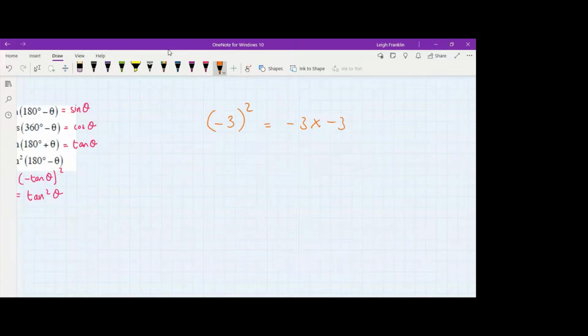I'm taking whatever's inside the bracket, the base, and I'm multiplying it by itself. And that's why I end up with a positive answer, in this case, positive 9. And it means exactly the same thing. So when you've got negative sine theta squared, you are saying negative sine theta times negative sine theta. That's why you end up with a positive. Okay, so that's why it ends up being sine squared theta, like such. Does that make sense?